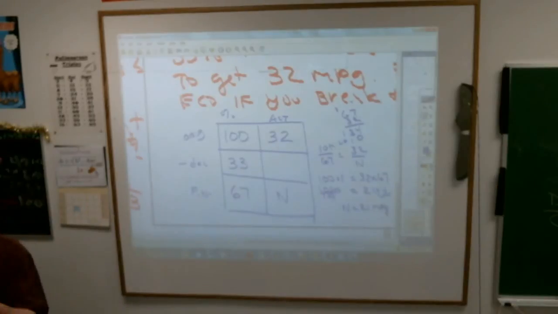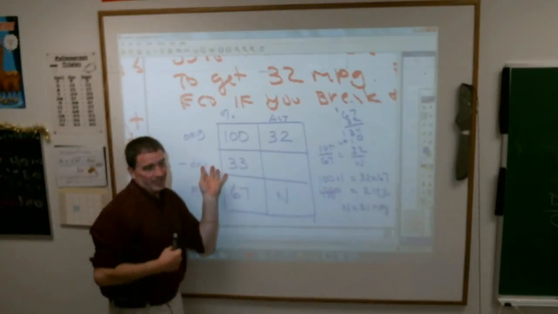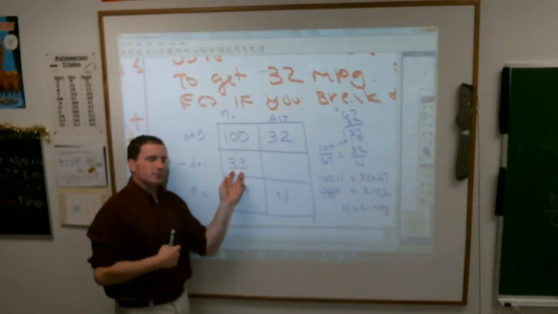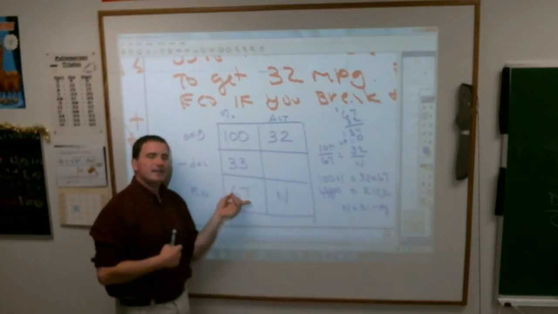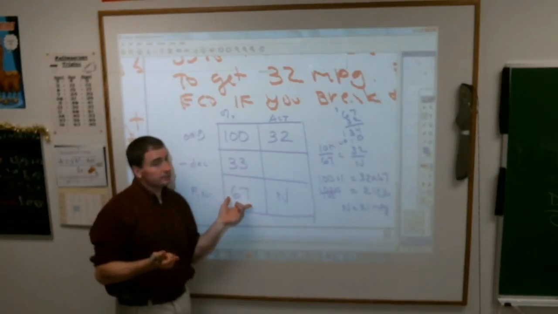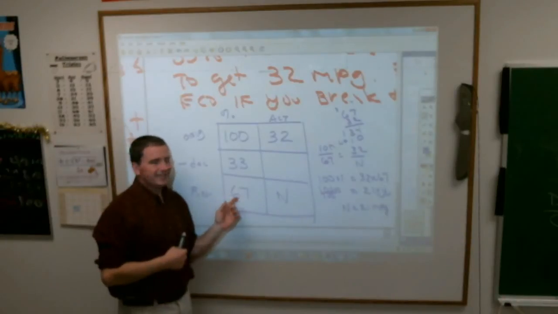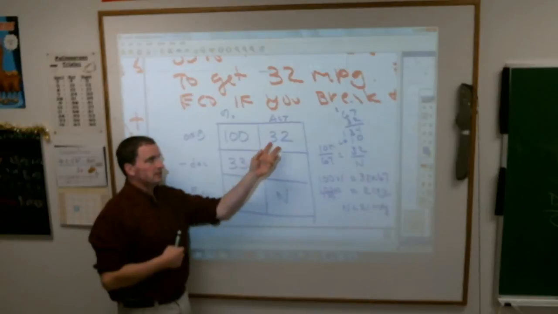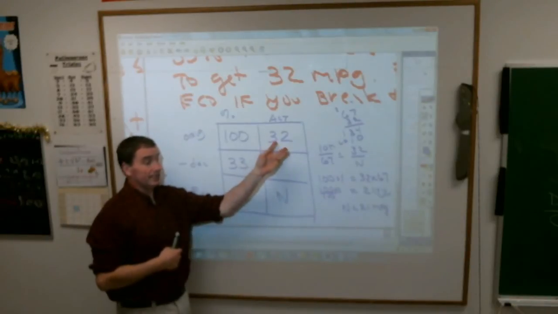By the way, if you're a mathematical kind of thinker, here's another way to think about this. If it's a decrease of 33%, you're actually getting 67% of what you should be getting. You can get the same answer by just multiplying 0.67 times 32.